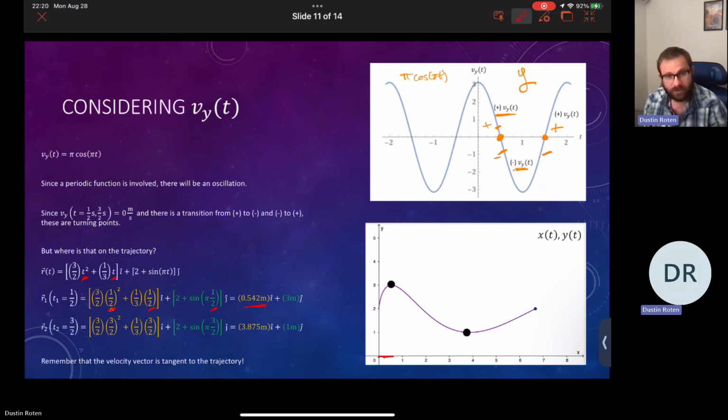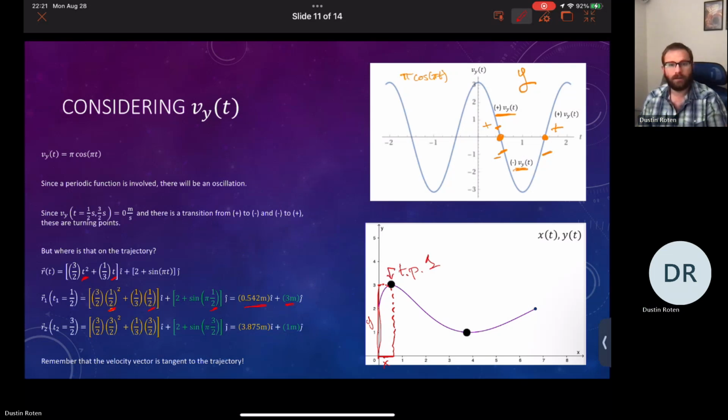And then in the y direction, the green, the up-down, we have 3 meters. So this is my x, this is my y. There's my first turning point, TP1, right there.